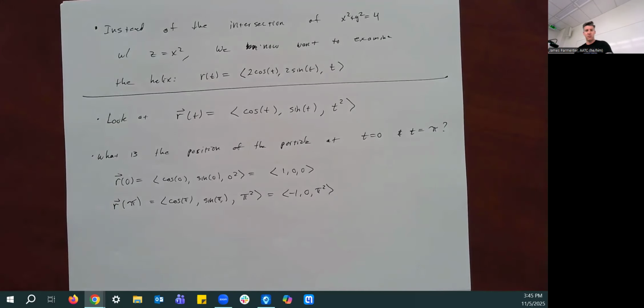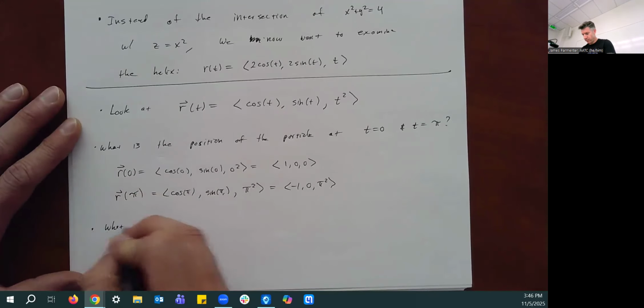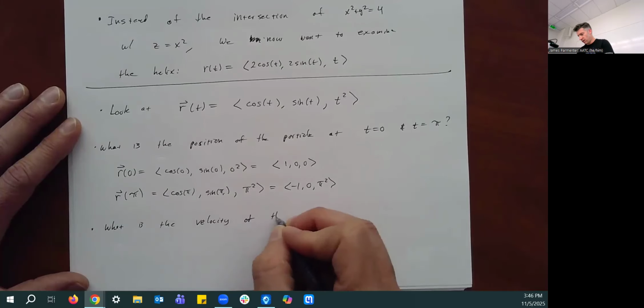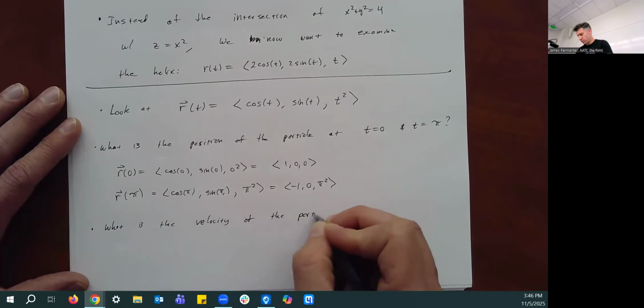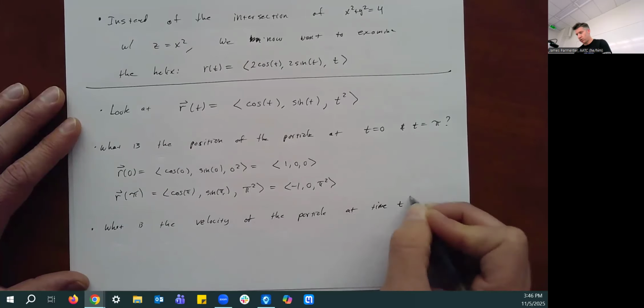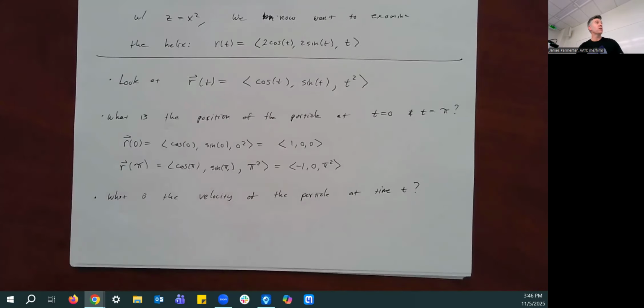What is the velocity of the particle at time t? Well, good news. Velocity and position still work the way you think they should.